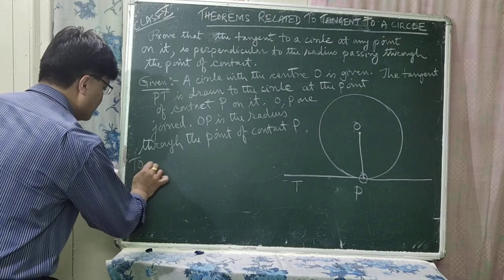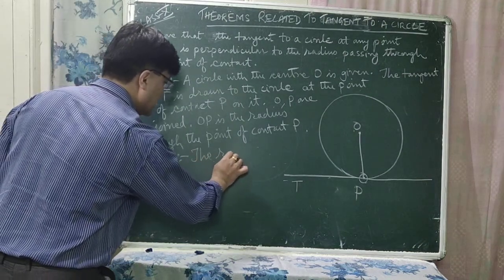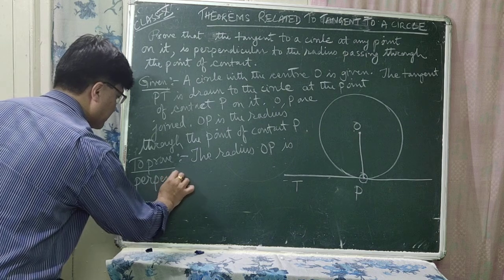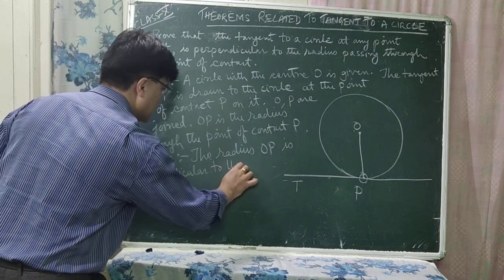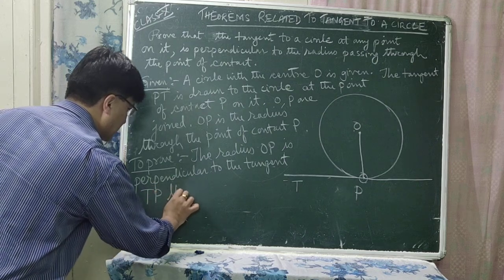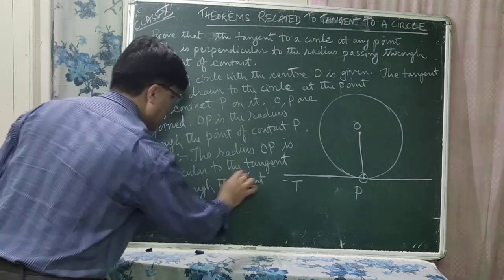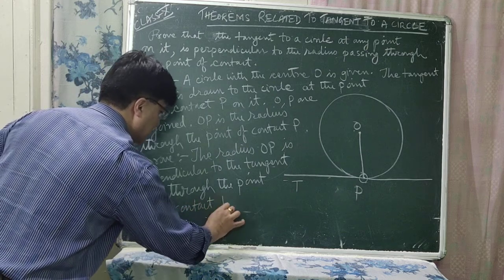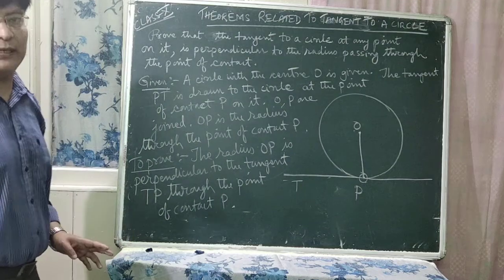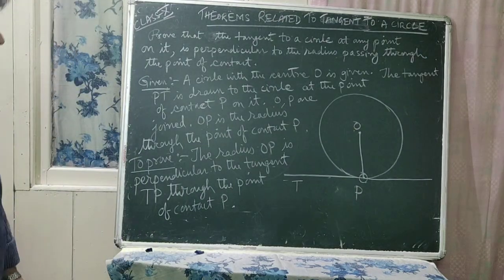Now to prove, what is to be proved? The radius OP is perpendicular to the tangent TP through the point of contact P. You have to prove that OP is perpendicular to the tangent TP through the point of contact P. Okay.